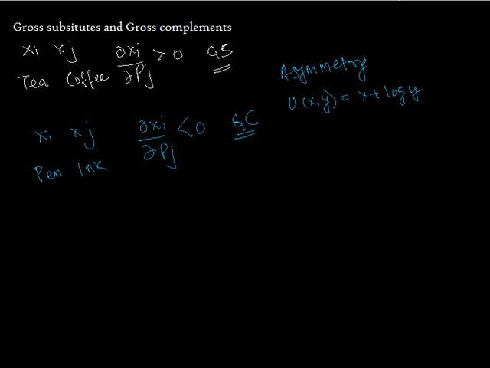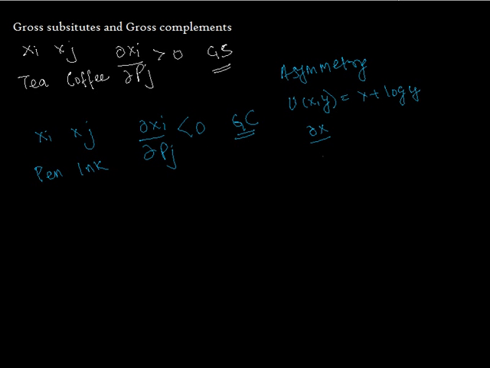Now, if you find out the Marshallian demands for x and y, which is not the topic of concern for this particular topic. I assume, in faith, that you know how to find out x and y. Once you find x and y, you take two derivatives.